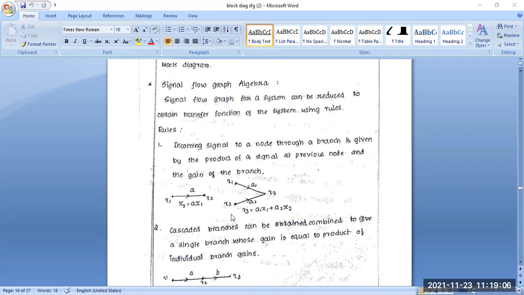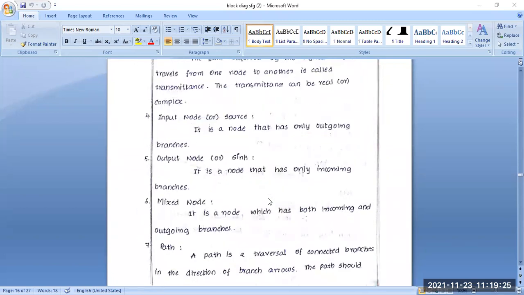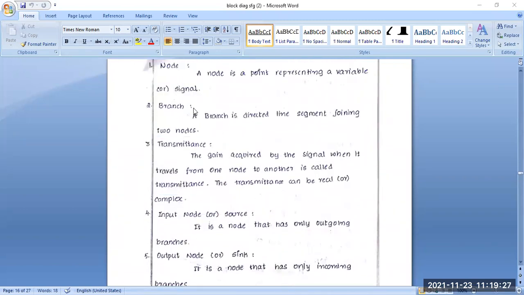So x1, x2, x3 are called the nodes, a1 x1 is called the first branch, and a2 x2 is another branch. Is this clear to all of you? So this is a branch.